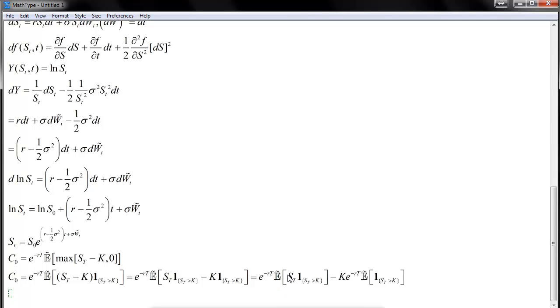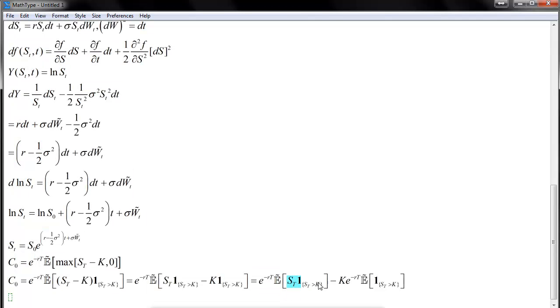So this one is more tricky because here I have the product. Okay, this is just a simple probability of the event St greater than K, but this one is more demanding.